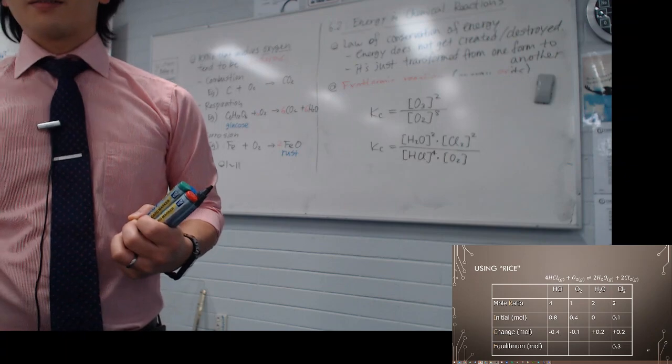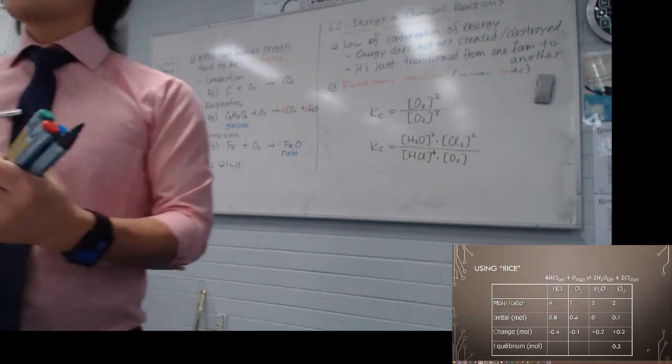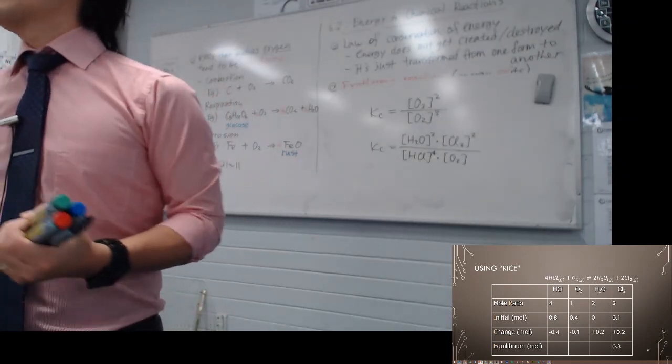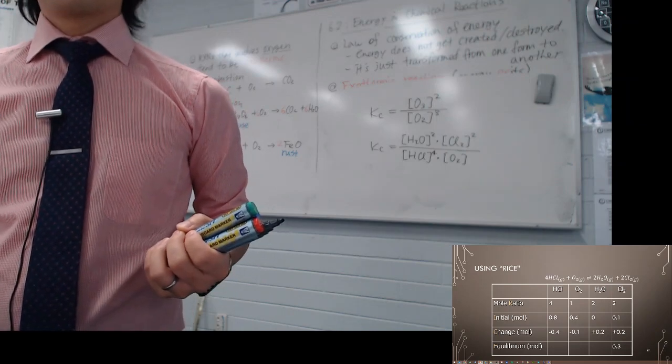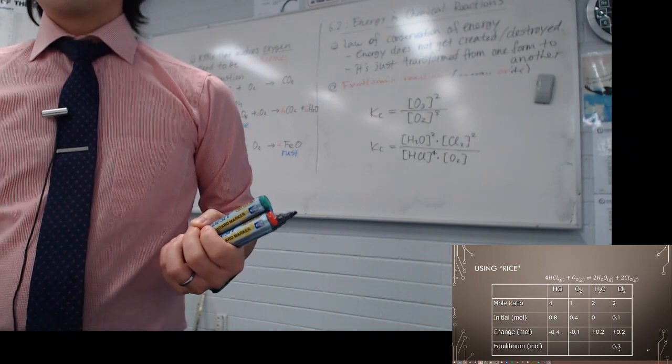Correct. Minus 0.4. Now, if you know the change, you can do the calculation to find the equilibrium concentration. Okay? 0.3 is already done.